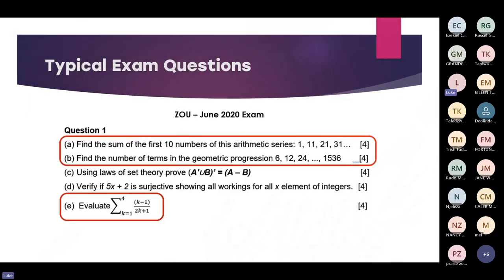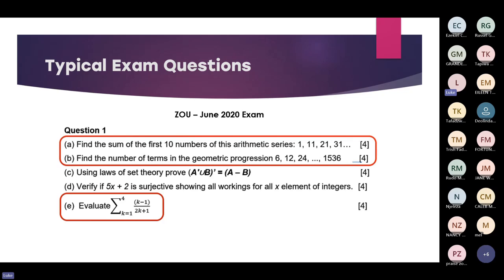Right. I think we've come to the end of our presentation. We're just going to give you some typical example questions taken from our June 2020 exam. The first question says find the sum of the first 10 numbers of this arithmetic series: 1, 11, 21, 31.